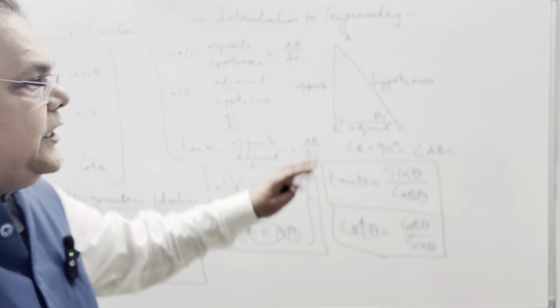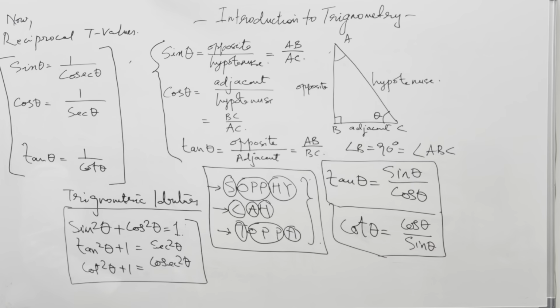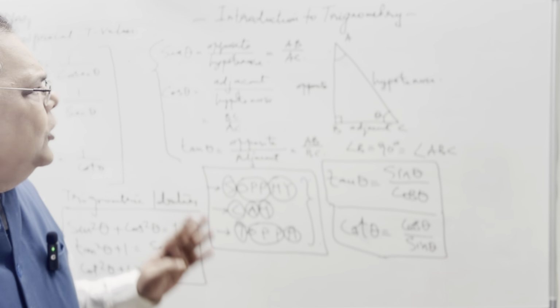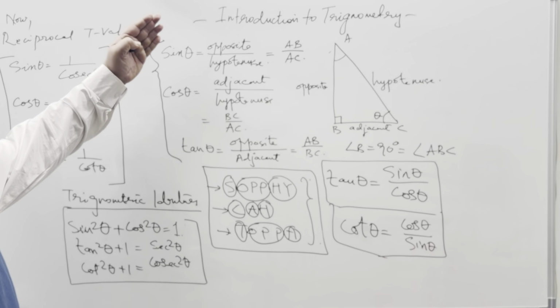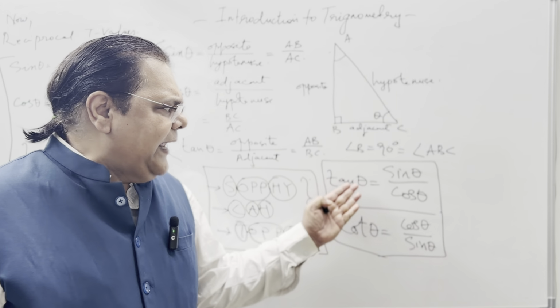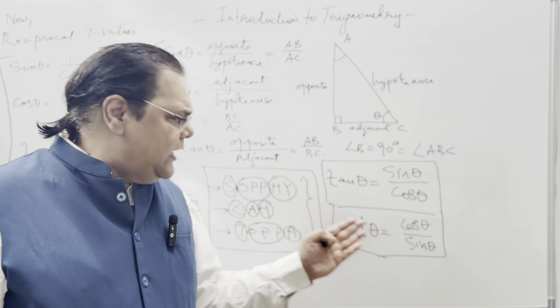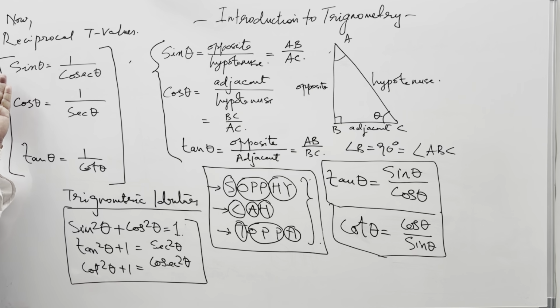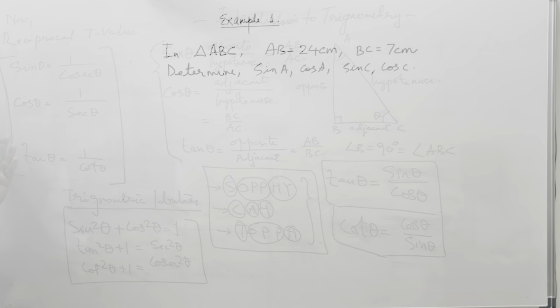So whatever you see on this whiteboard, these are very important. These are basics of trigonometry. You should understand the trigonometric ratios. You should understand tan theta in terms of sine theta, cos theta, and cot theta in terms of sine theta and cos theta. You should keep in mind sine theta, cos theta, tan theta, and their reciprocals.